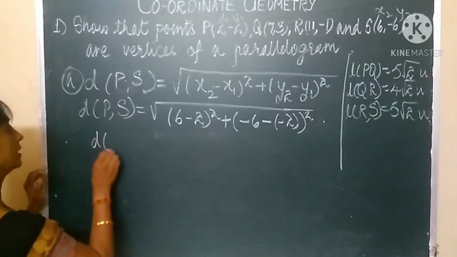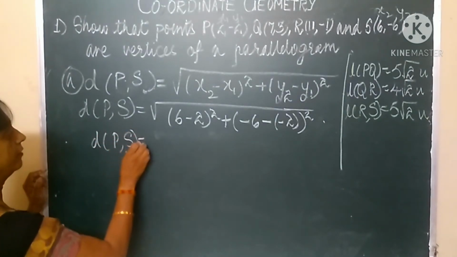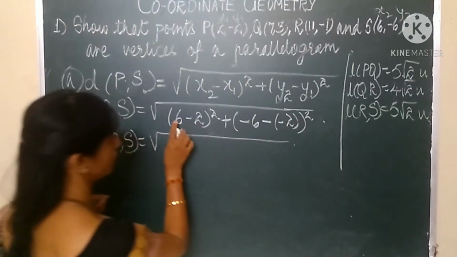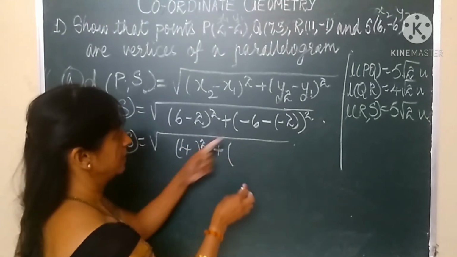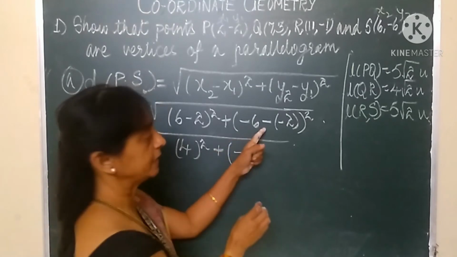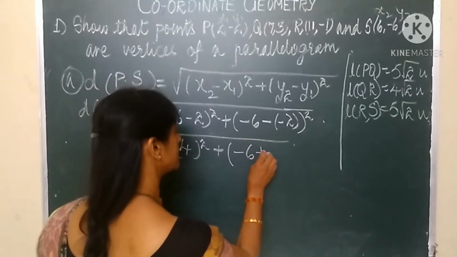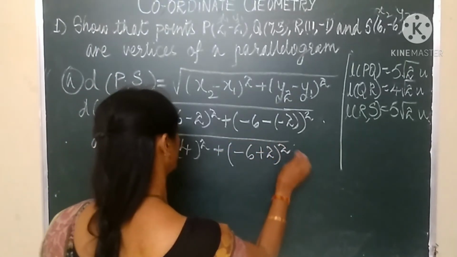So distance PS will be equal to square root of 6 minus 2 gives us 4, plus minus 6, minus into minus is plus 2, the whole square.